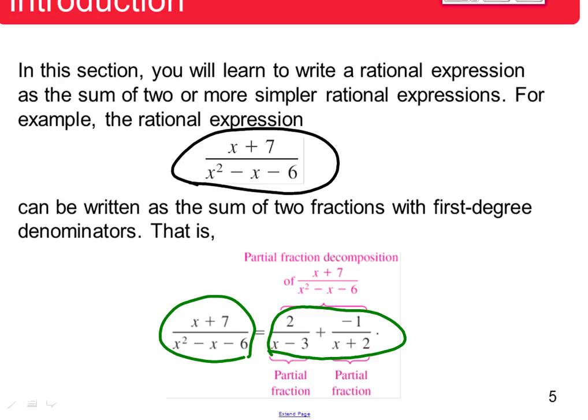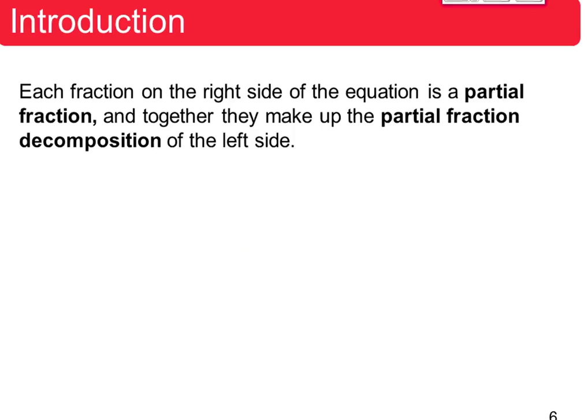So it says partial fraction decomposition of x plus 7 over x squared minus x minus 6 is equal to those two fractions added together. So now each fraction on the right side of that last equation was a partial fraction. Together they make up the partial fraction decomposition of the left side.